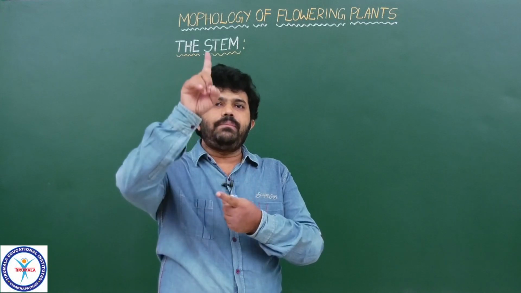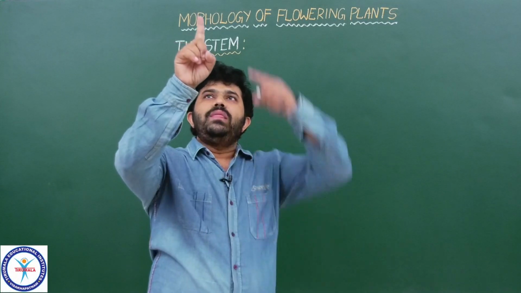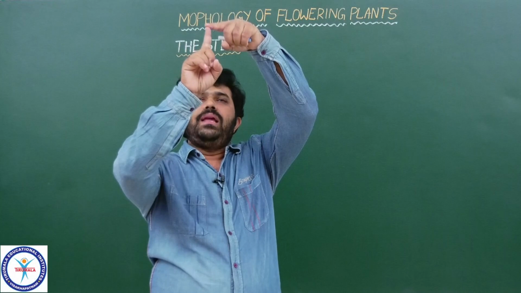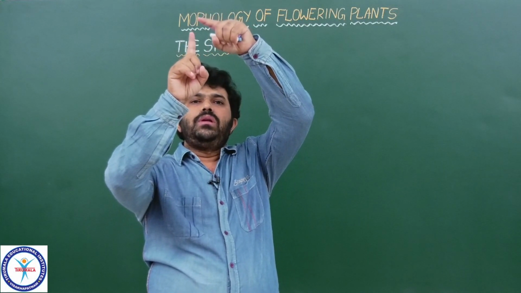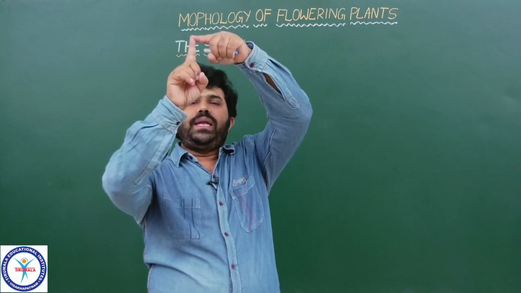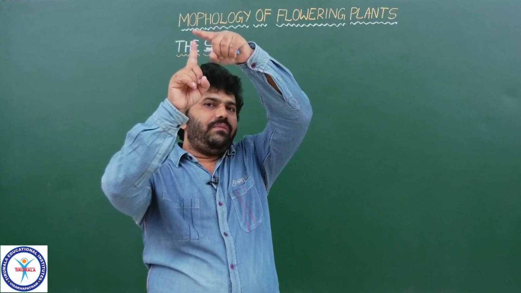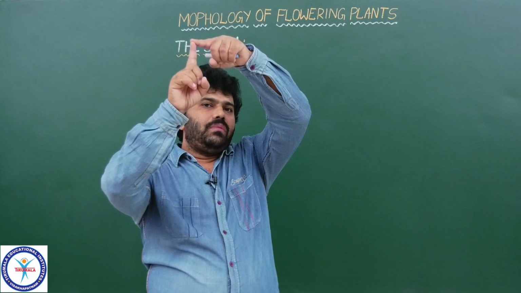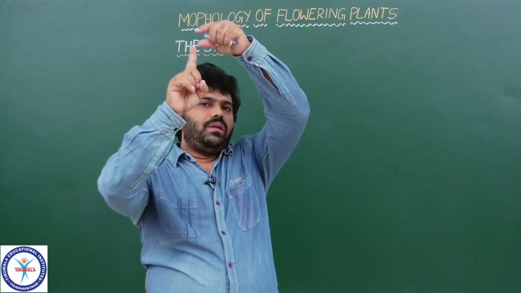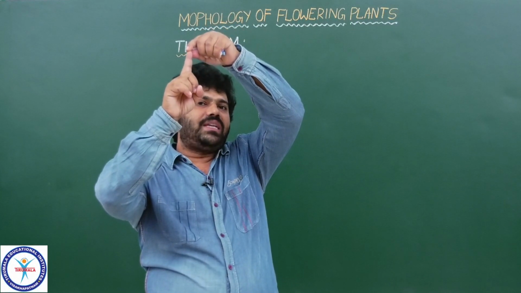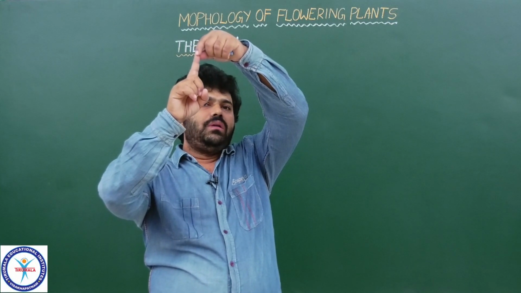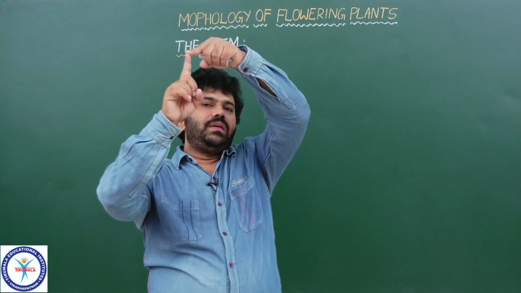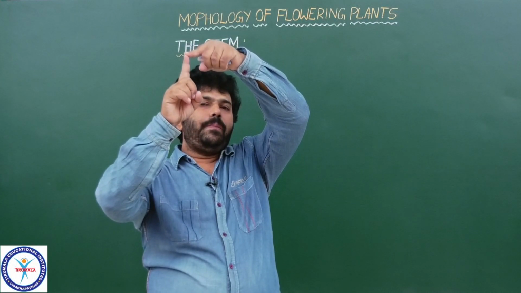The tip of the stem continuously grows. The tip of the stem, as I already said, is called the shoot tip. This shoot tip is very important for maintaining a bud-like structure, which is a compact shoot tissue and a very actively growing region.